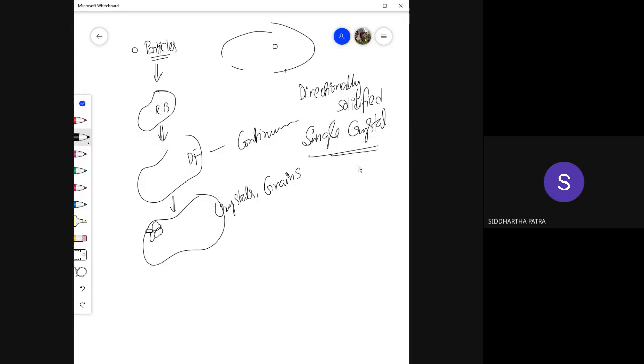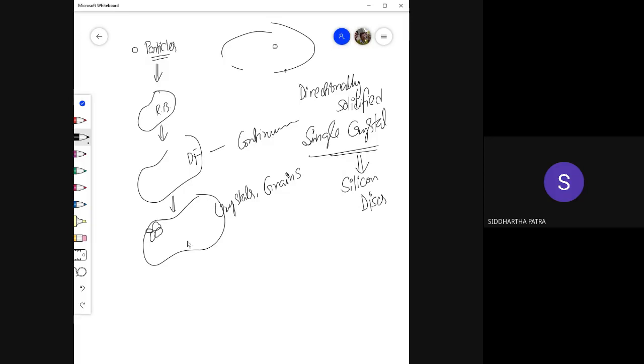Now the single crystal becomes important with silicon discs, which means all the crystals are oriented in the same fashion, and there is just a single crystal all across. Okay, so you need them for certain purposes.